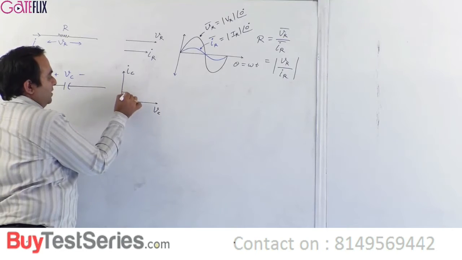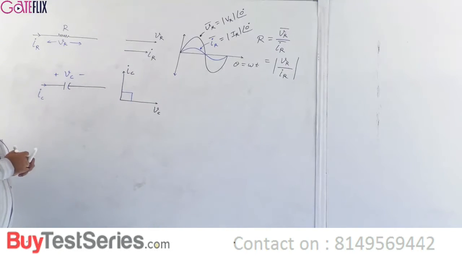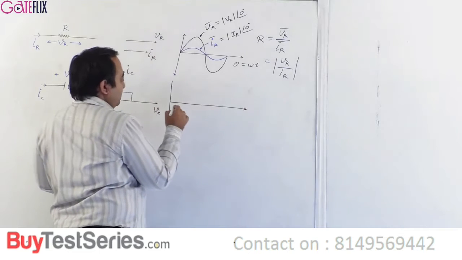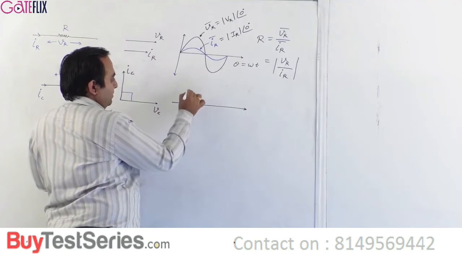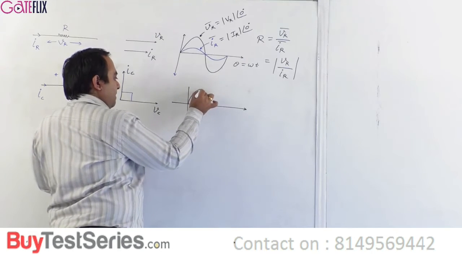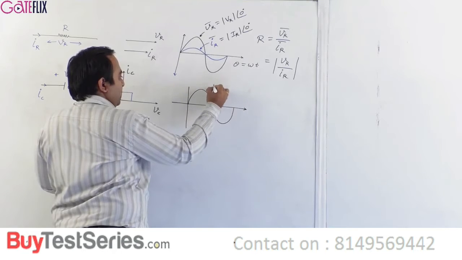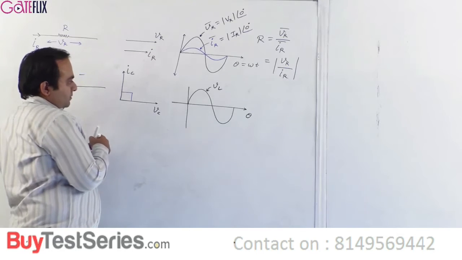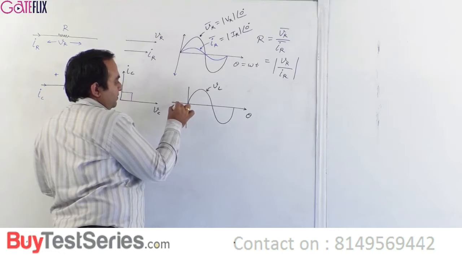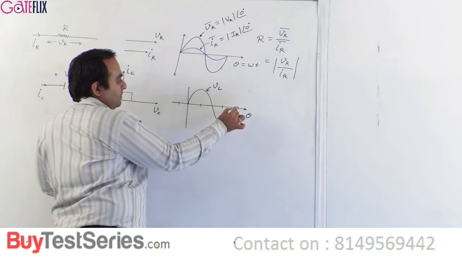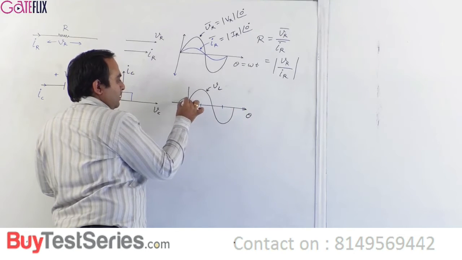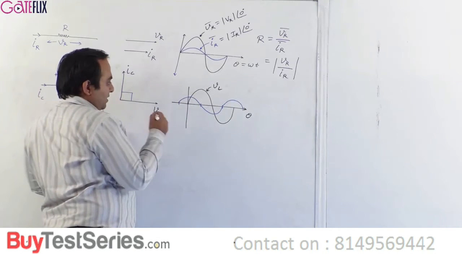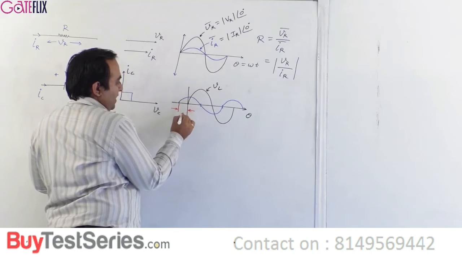Means if voltage is your reference, this is VC, theta is equal to omega t, and the current has to lead by 90 degrees, angle 90 degrees or pi by 2.